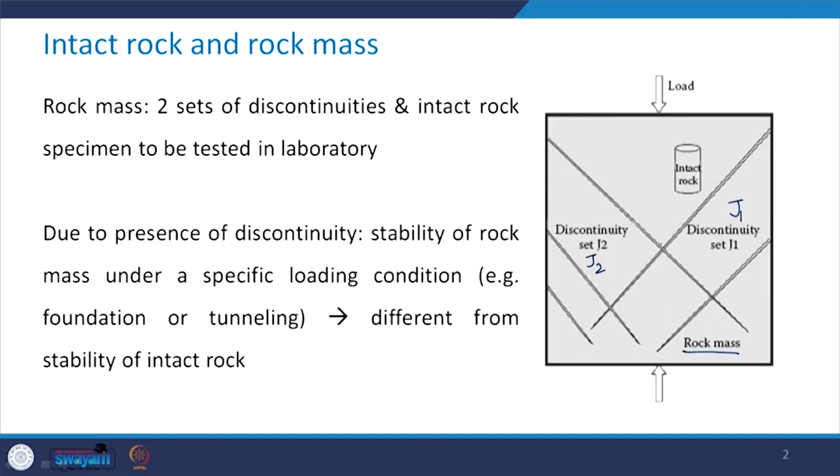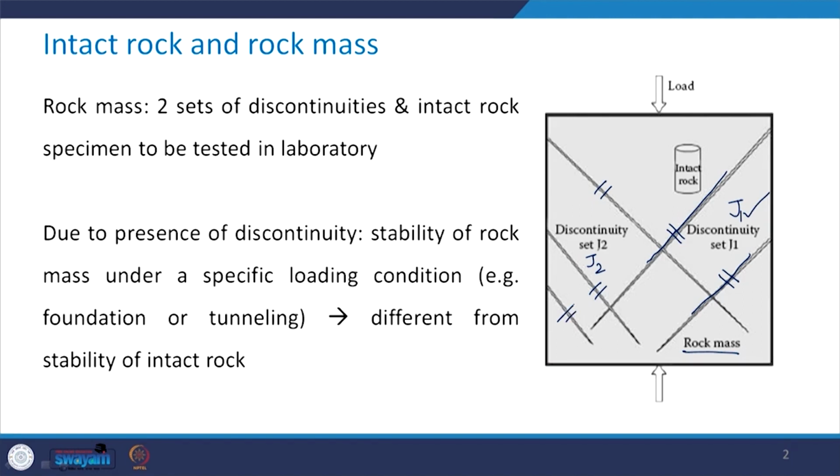In a discontinuity set, the discontinuities are more or less parallel with the same spacing. So in this case, this discontinuity is kind of parallel to this, which is why we are calling this discontinuity set 1. Similarly, this one, this and this are discontinuity set 2.